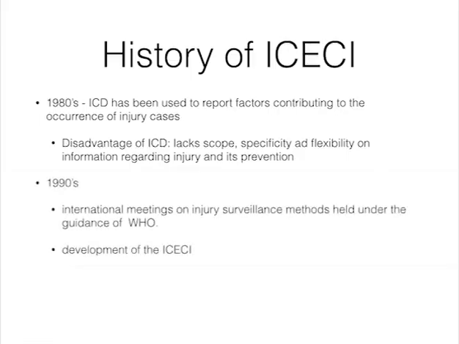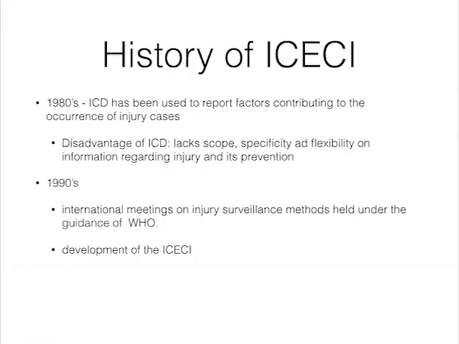Beginning in the early 1990s, international meetings on injury surveillance methods were held under the auspices of WHO. It was recognized that systems that classify external causes of injury had strong similarities in different parts of the world. By the mid-1990s, this led to the conclusion that it was feasible and desirable to develop an internationally harmonized classification of external causes of injury.